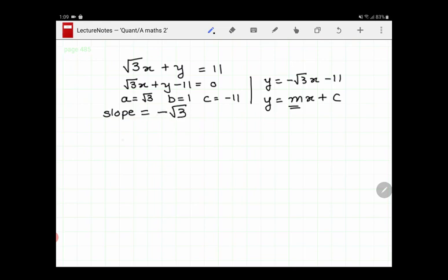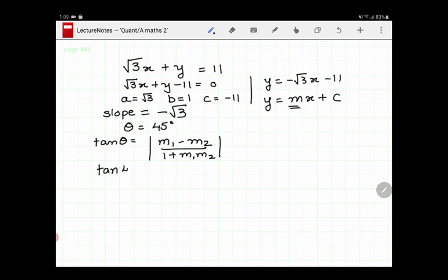Now, it is given that the angle between them is equal to 45 degrees. So, I can say tan theta is equal to m1 minus m2 upon 1 plus m1 m2, right? The angle theta is given as tan 45.